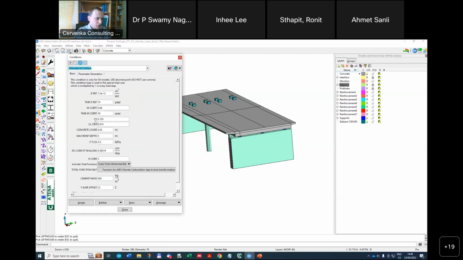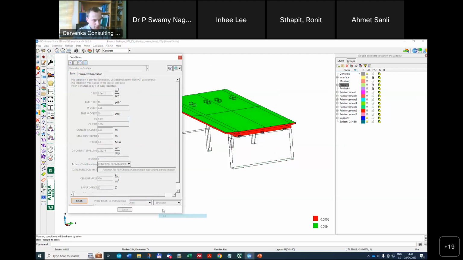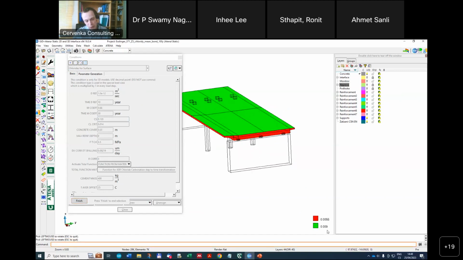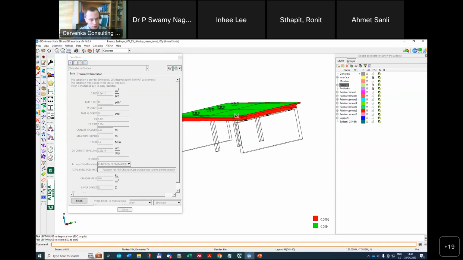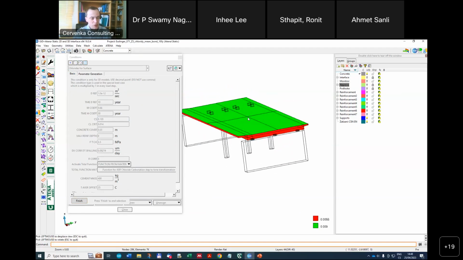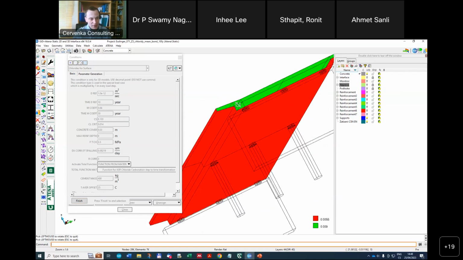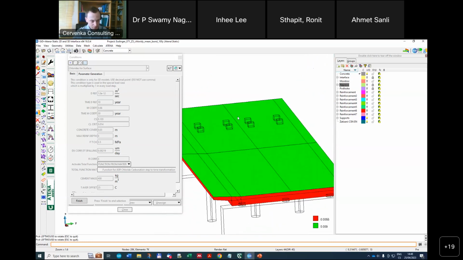It is this CS parameter. So if I plot it, I can see that about 0.9% of chloride content is applied on the top surface, and some lower value is applied on the bottom surface.